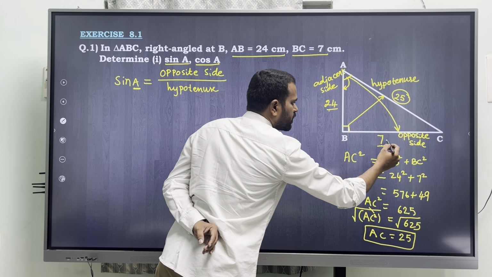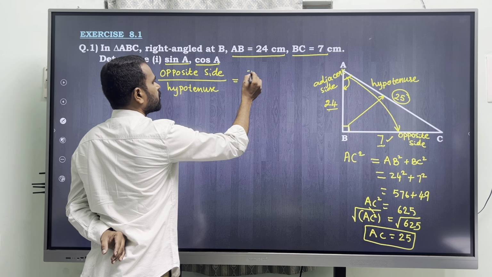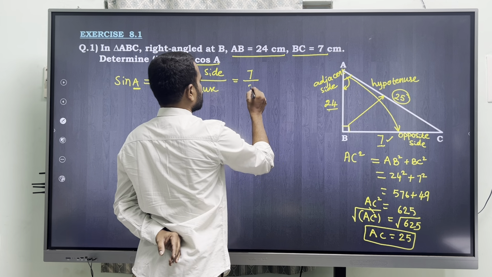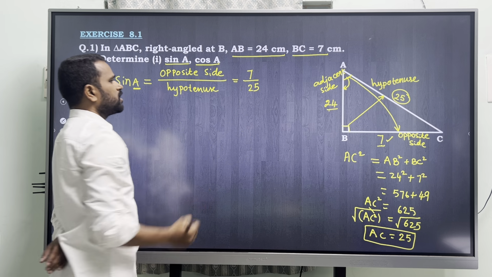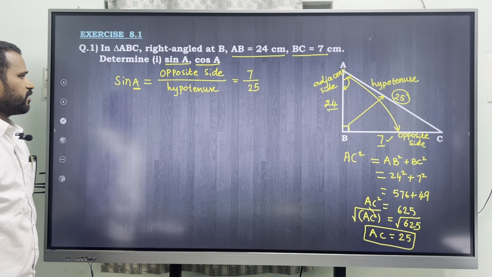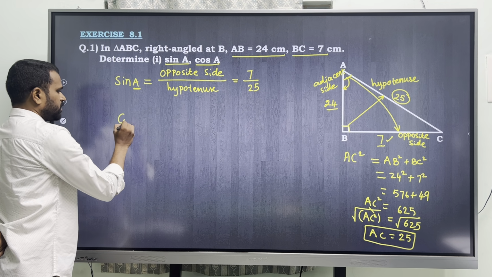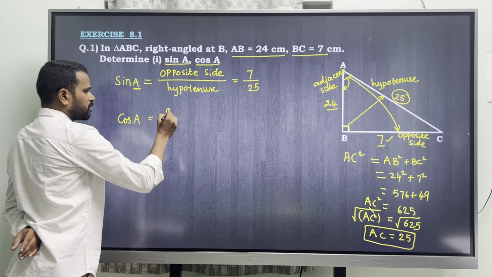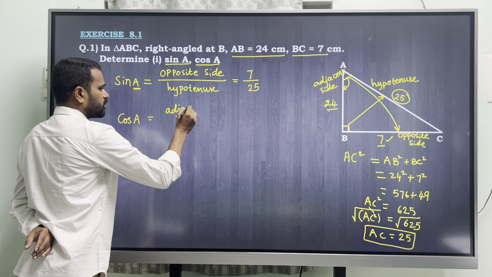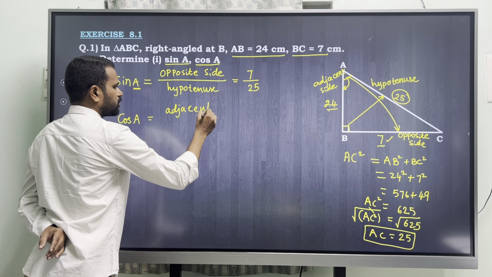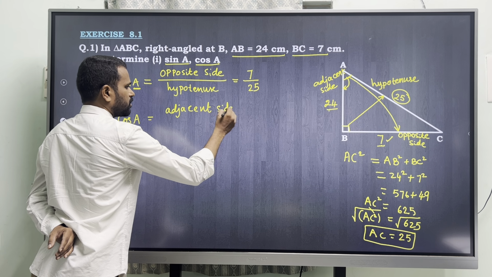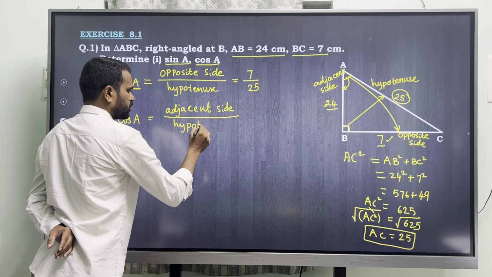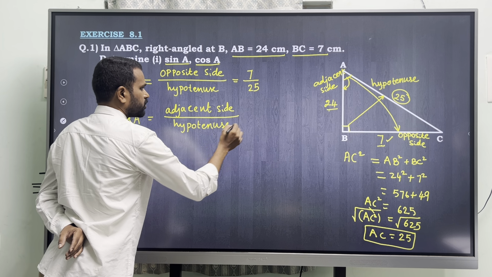Now, what is the opposite side? 7, by hypotenuse 25. So sin A is 7 by 25. What is the next thing? Cos A. Cos A is adjacent side by hypotenuse.